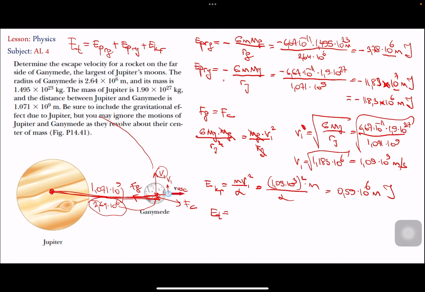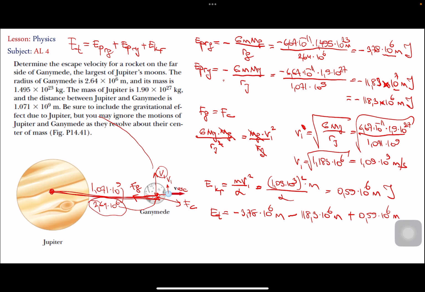I'll have minus 3.78 times 10 to the power 6 times m, the mass of the rocket. I have to write the potential energy with the minus sign, you know that. The second one is also potential energy, taken with the minus sign, minus 118.3 times 10 to the power 6 m, and plus the kinetic energy, 0.59 times 10 to the power 6 m.